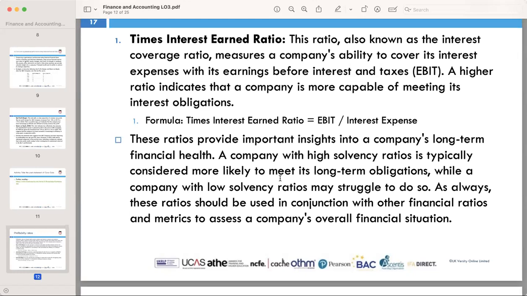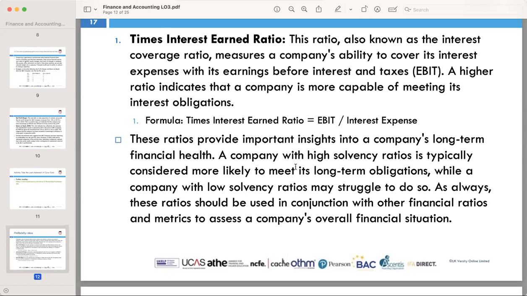So the formula is quite straightforward. Times interest earned ratio is equal to EBIT, earnings before interest and tax, divided by interest expenses.